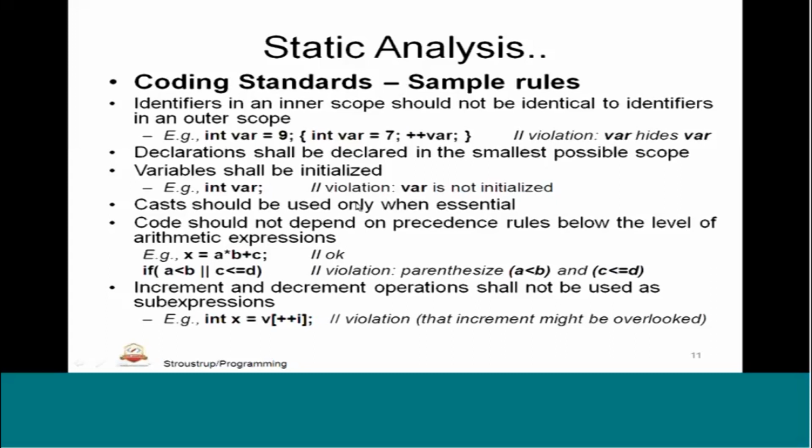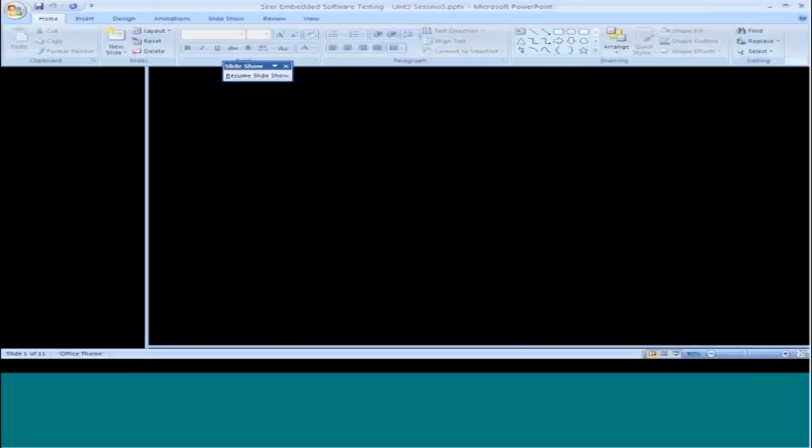The scope of the identifier should be very clear, such as declarations shall be declared in the smallest possible scope, and typecasts should be used only when required, not always. The precedence rules, one of the important aspects of programming, have to be well controlled, and increment and decrement operations should not be used within a sub-expression. These are some of the rules that we have seen in the earlier class.